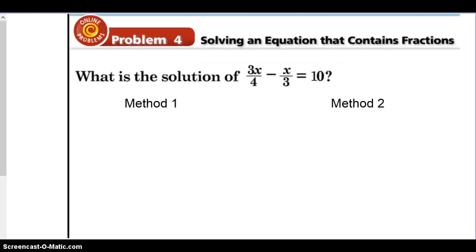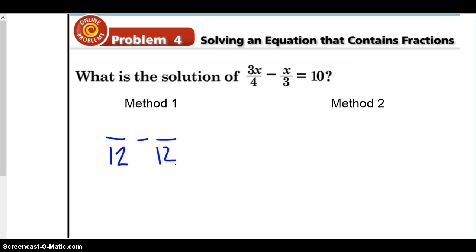And now on to problem 4, solving an equation that contains fractions. There are 2 ways to do it, one way with fractions and one way without. I'm thinking you might like the way without, but I'll show you the other way first. Generally, you would probably see, hey, I could make common denominators. You bet you could. So let's see, what would be a good common denominator? 12 and 12.